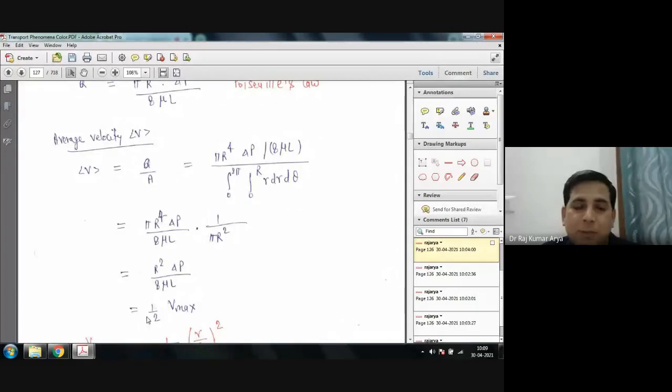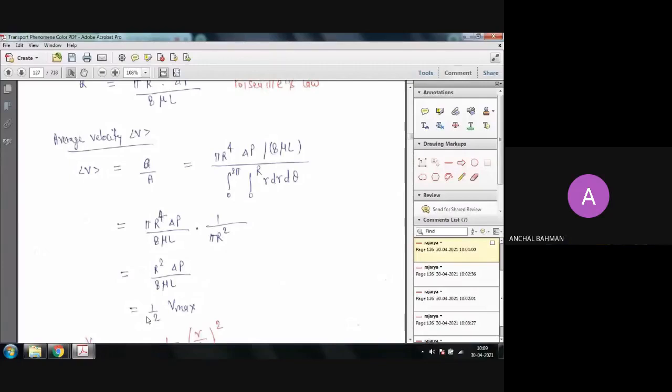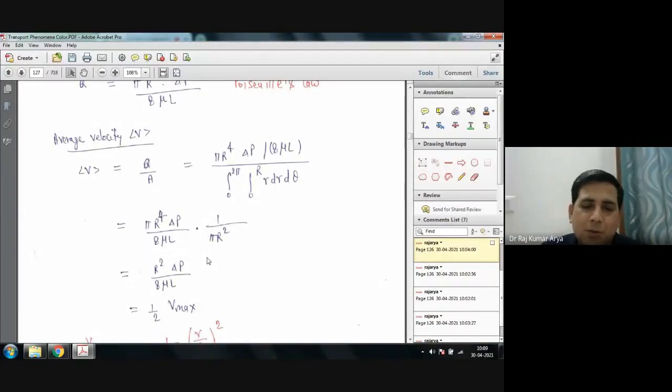Correct or not? So based on maximum velocity, things need not be calculated, and an average velocity idea is okay. Most of the time you don't know what the maximum velocity is either, so people do all calculations based on average velocity.